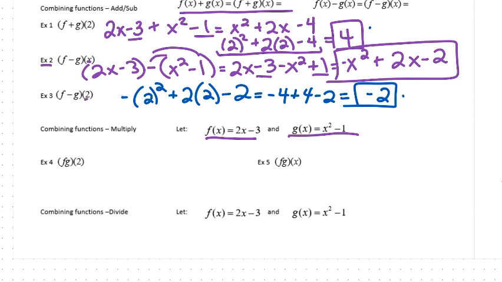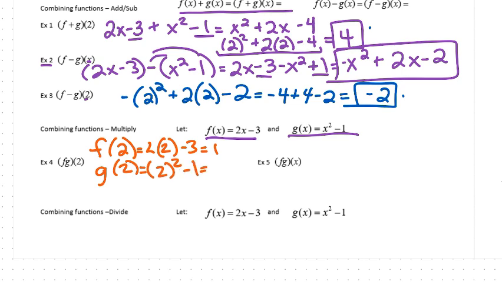So I'm going to do f of 2. That means 2 times 2 minus 3, which is 1. And then g of 2 is 2 squared minus 1, which would be 4 minus 1, which is 3. So if I do now multiplying the f times the g, I get 1 times 3, which is 3.